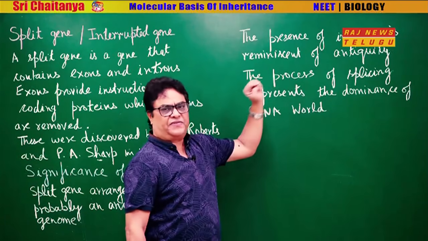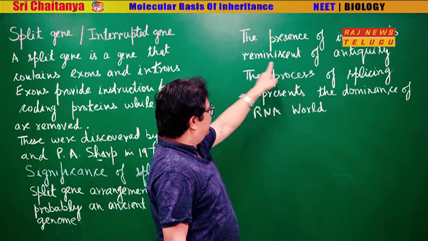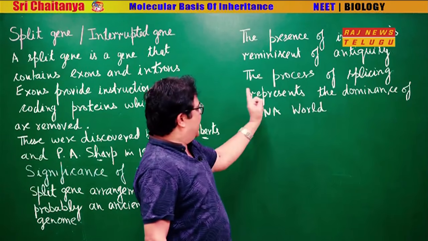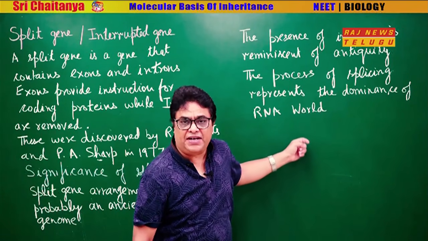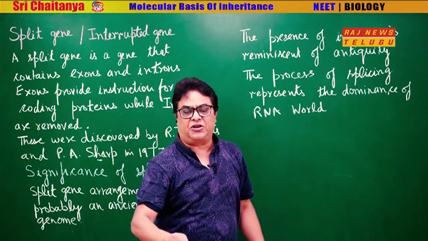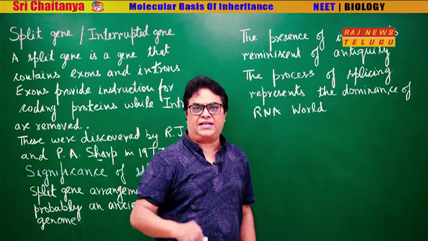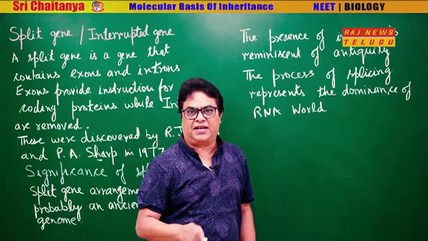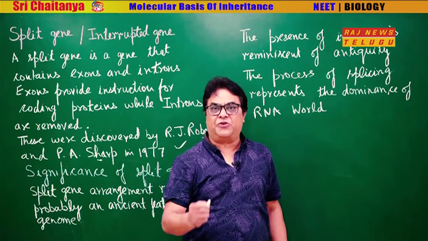The process of splicing requires RNA. The presence of introns is a reminiscent of antiquity, and the process of splicing represents the dominance of the RNA world, because if splicing does not take place, gene expression will not take place, and splicing requires snRNA, small nuclear RNA. So it shows that there was a time when RNA was dominant.